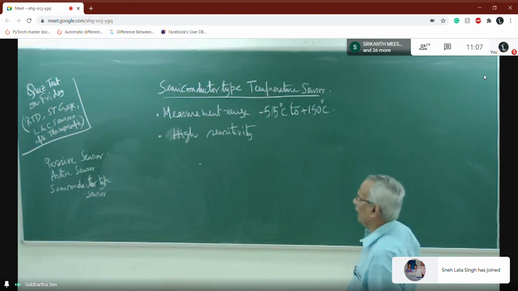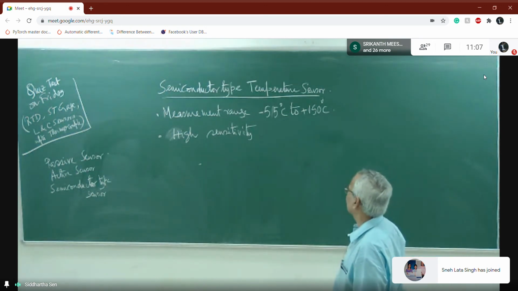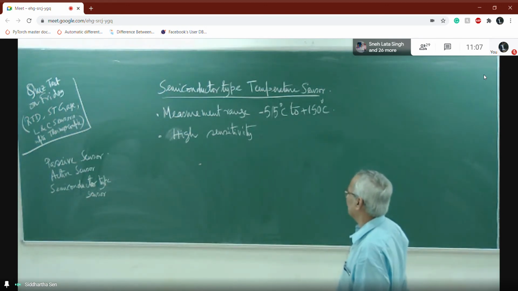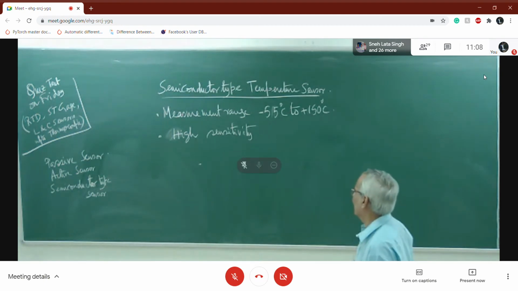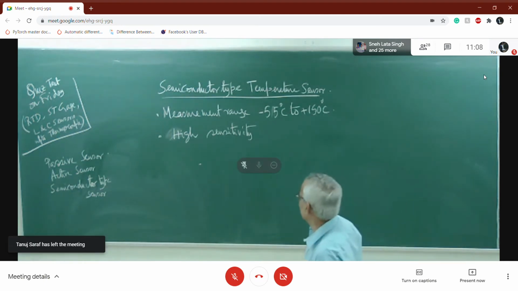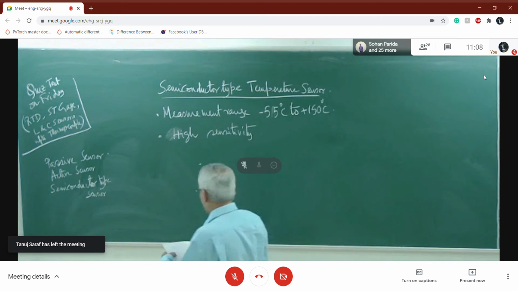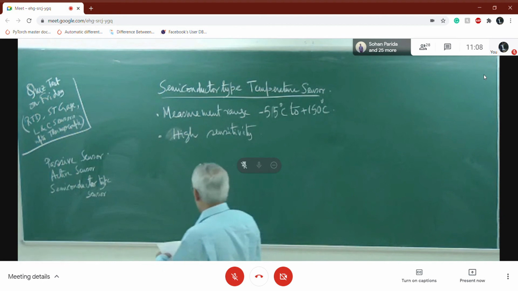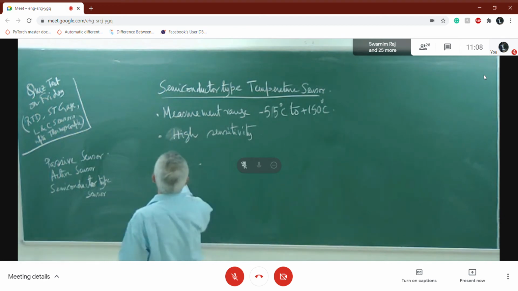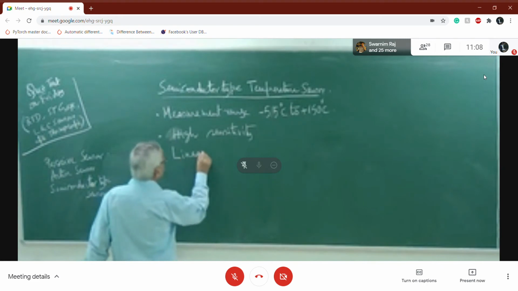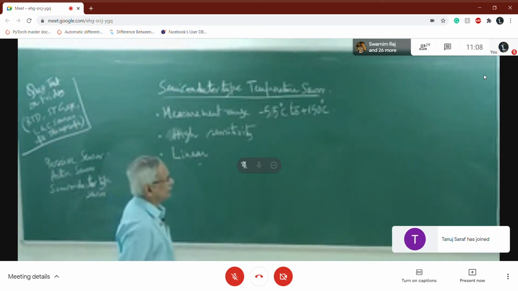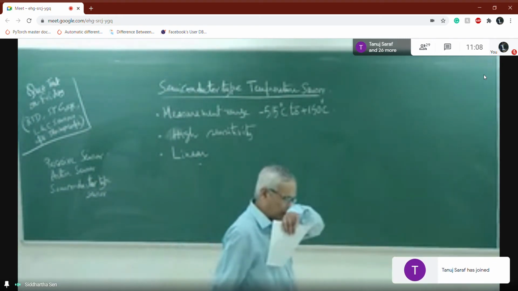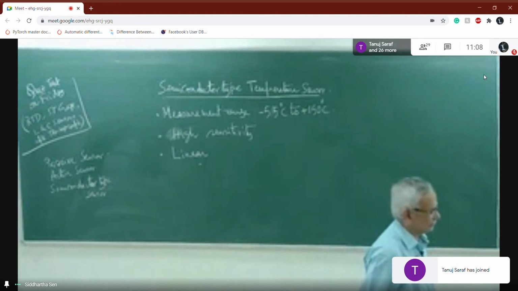It is simple to connect without much additional circuitry or signal conditioning. And the major important thing is that it is more linear. It is absolutely linear in the range of minus 55 to plus 150 degrees Celsius.